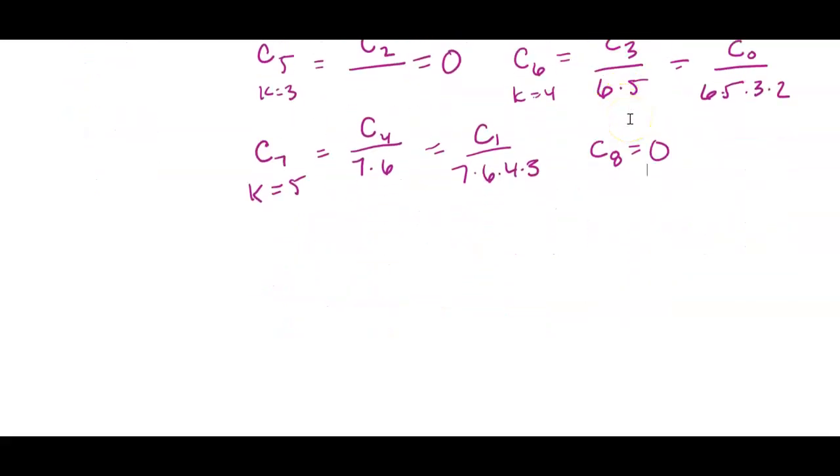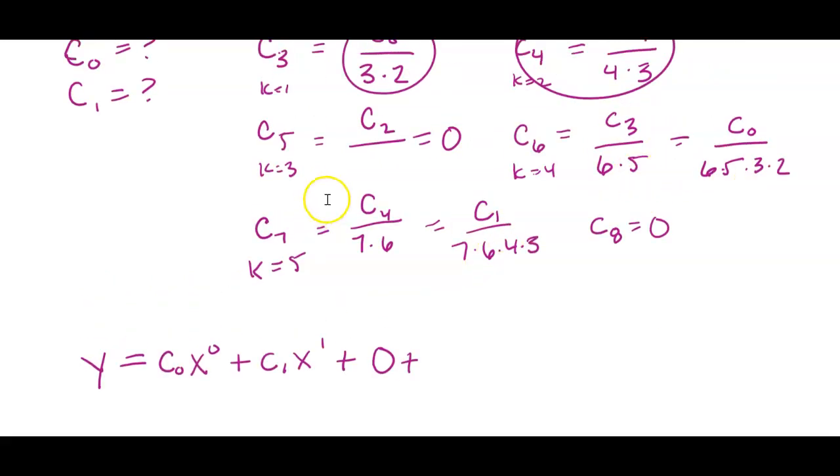So let's write this out, right? So y must then be C0 x to the 0 plus C1 x to the power of 1 plus 0 plus the number in front of C3, which is C0 over 3 times 2, x to the third.